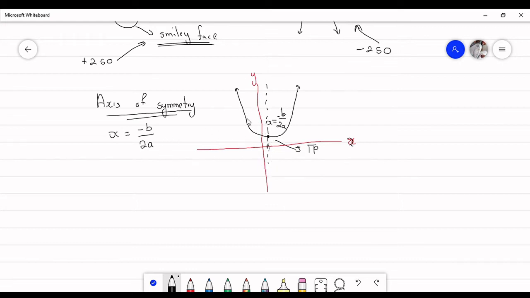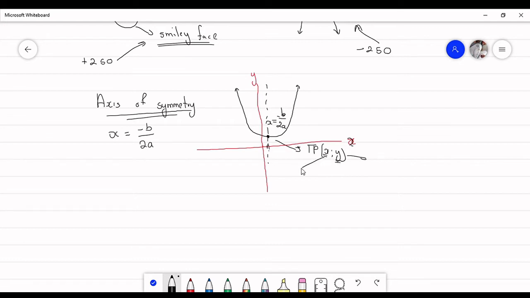So now let's go to our turning point. Since our graph is turning at this point, we already know that the x coordinate of the turning point is our axis of symmetry. But what is y? Remember, a coordinate is made up of x and y.